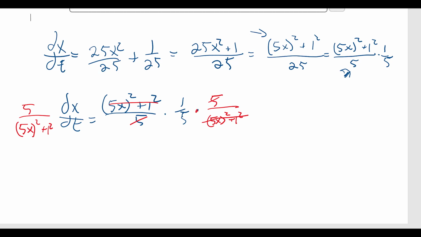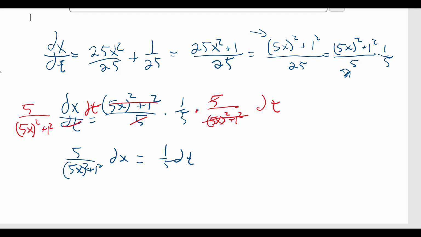I'm also going to multiply by dt on each side. What that gives me on the left side is 5 over ((5x) squared plus 1) dx equals 1/5 dt.